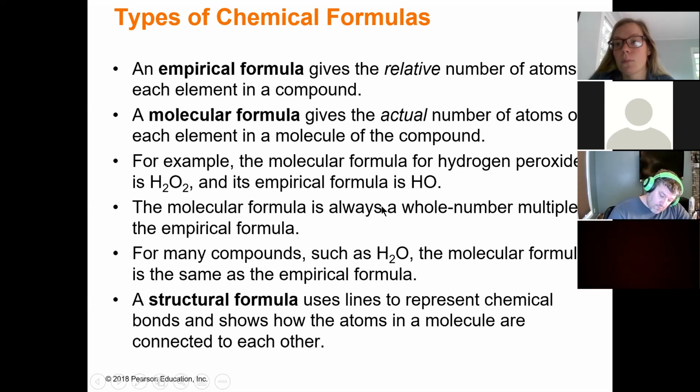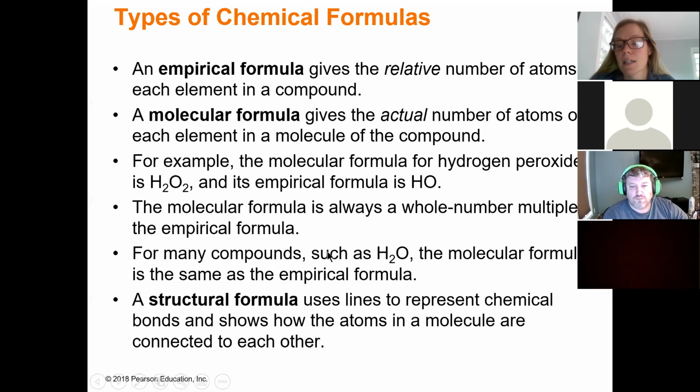But its empirical formula, or its shorthand formula, would just be a ratio of HO. 1 H for every 1 O. But the real molecule is really 2 H's for every 2 O's. So how these two things relate to each other is, you would divide the molecular formula by some whole number to get the empirical formula, or you would multiply the empirical formula by some whole number value to get to the molecular.